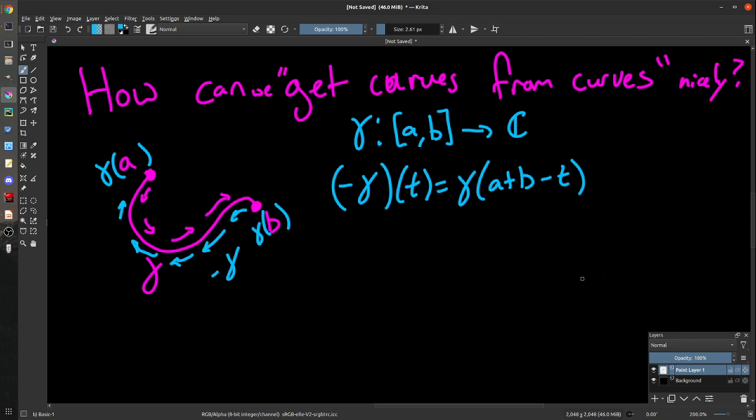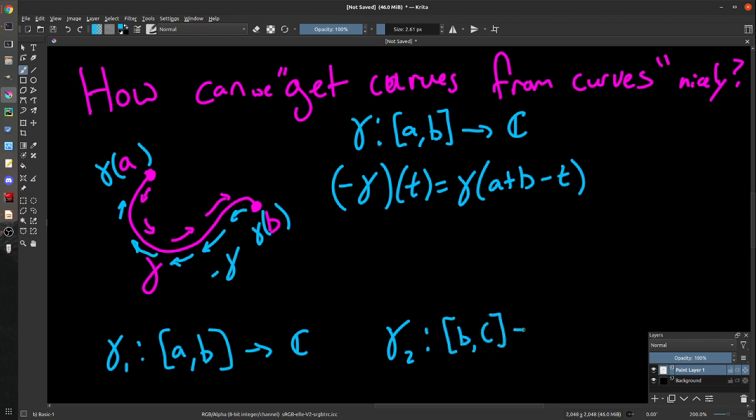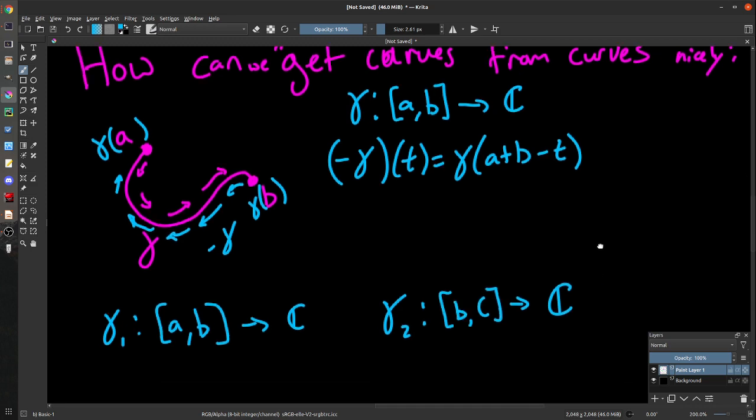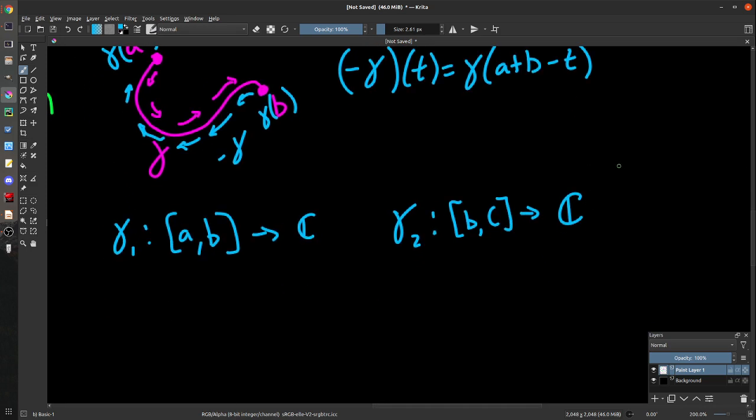You could, in the exact same way, go from A to B and then back from B to A. You can put two curves together. That is, if gamma 1, say, goes from A to B, and gamma 2 goes from, say, B to C, an unfortunate choice of letters there, C being the complex plane and the latter just being another real number.